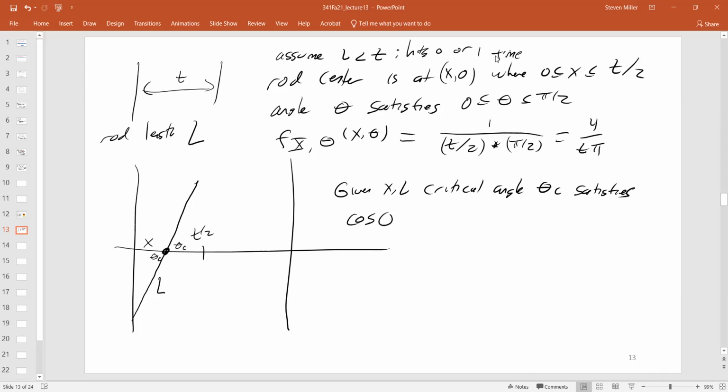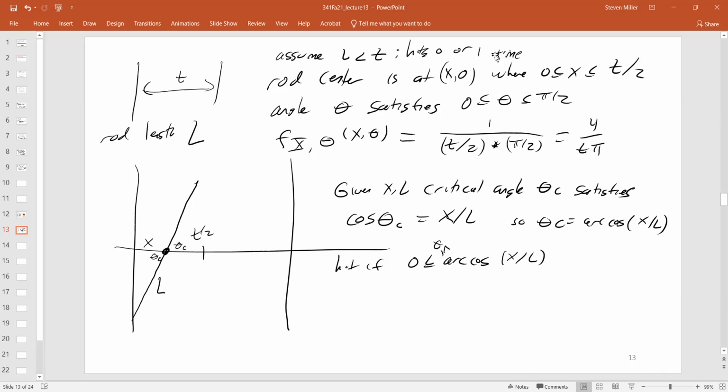Satisfies cosine of theta C equals X over L. So theta C is arc cosine of X over L. So you hit if 0 is less than or equal to theta, less than or equal to arc cosine X over L.